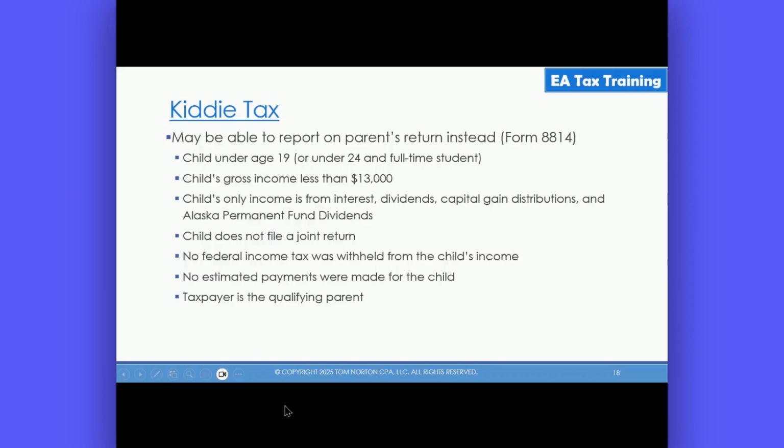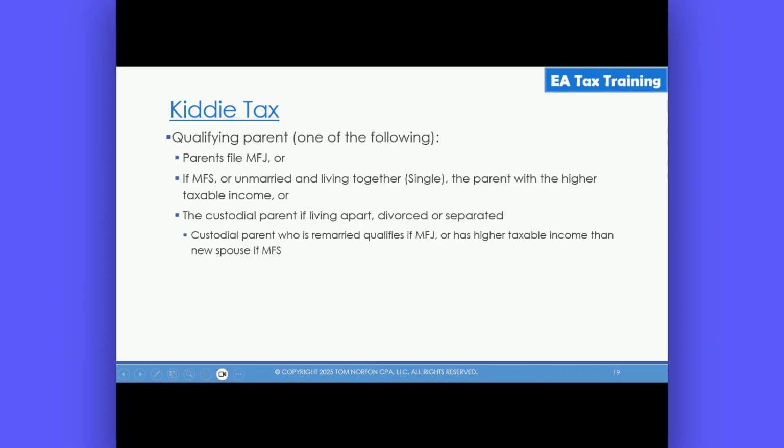So it says it has to be a qualifying parent. What does that mean? A qualifying parent is one of the following. If the parents file married filing jointly, then it's easy. They're obviously the qualifying parent. If they are married filing separately, or if they're not married and they live together, so they're filing as single people, then the parent with the higher taxable income is the qualifying parent, and they have to report the income on their tax return.